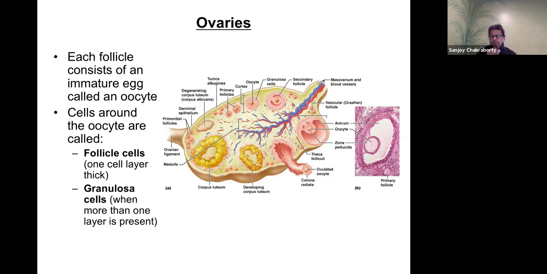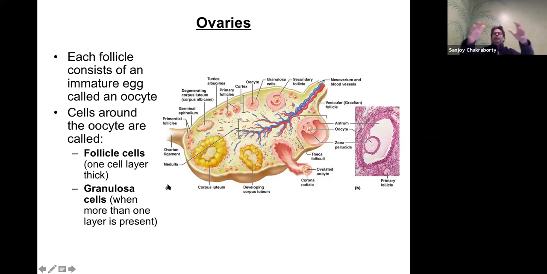So first, let's understand some basic information. As I mentioned earlier, the egg, being a limited number, is always surrounded by cells. When there is an egg and one cell layer of thick guarding cells, those are epithelial cells guarding them, we call those cells follicle cells.